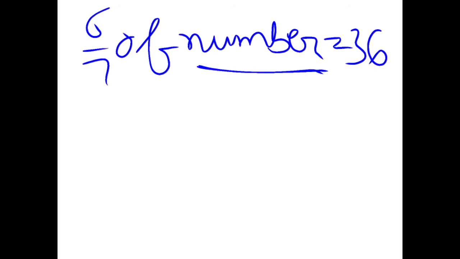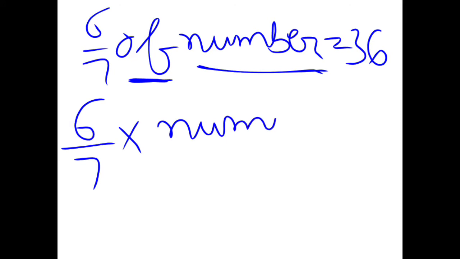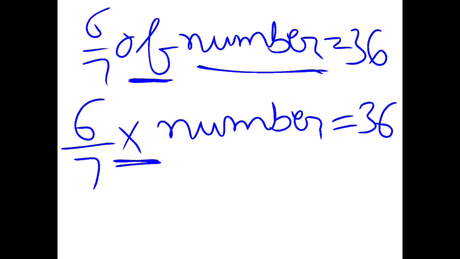Here, "of", as you know very well, we can write like 6 upon 7 multiplied by that particular number, equal to 36. So this is our new statement, and like the previous example, we can send this value to the right hand side, and you know the rule for how to send it. You change the multiplication symbol to division, so it becomes 36 divided by 6 upon 7.